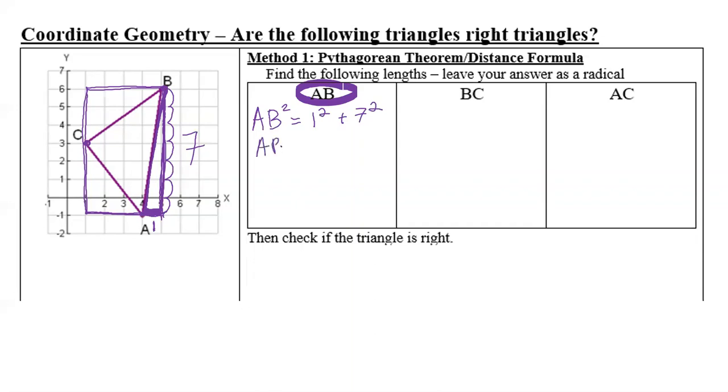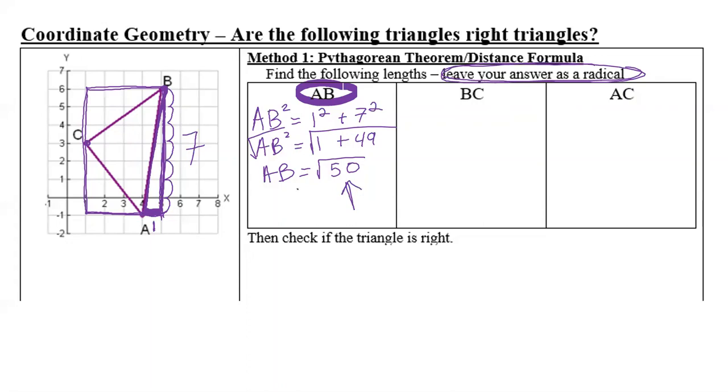So AB squared equals 1 plus 49, so AB equals the square root of 50. If I take the square root of both sides, you get rid of that, and then I combine 1 plus 49 is 50. Notice here it says leave your answers as a radical. So I want you to leave your answer here as the square root of 50.